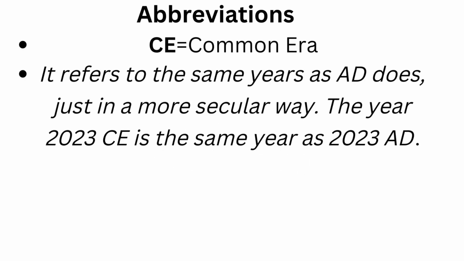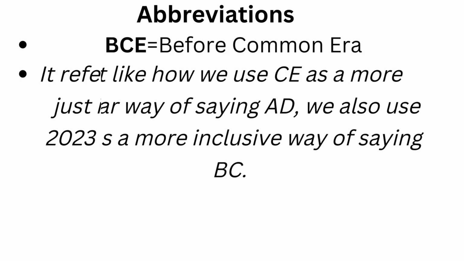CE stands for Common Era, and it is just the new name of AD to make it more secular and more inclusive. That is, the year 2023 is the same as 2023 CE. Likewise, BCE stands for Before Common Era, and it is the new name of BC.